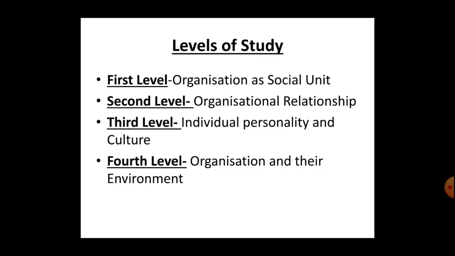On the third level, organizations are studied from the point of view of personality and culture. The organization personality studies are concerned with the interrelationship between the needs of the organizational structure and the needs of the personalities of the actors, and also the problem of motivation and involvement.